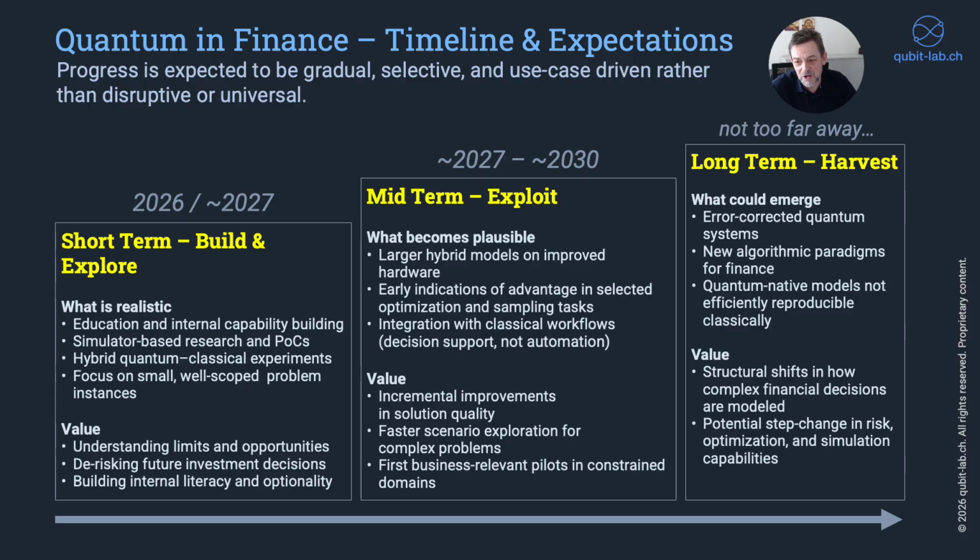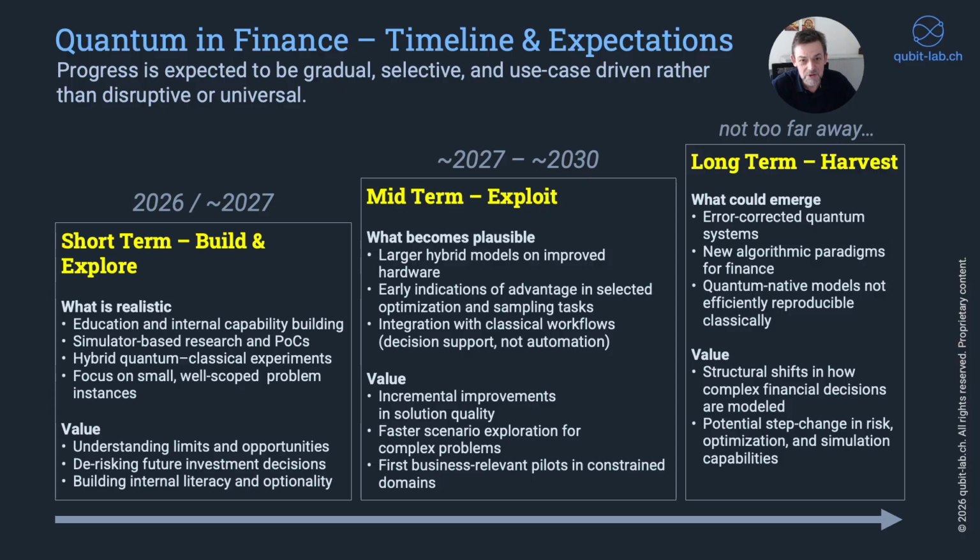So don't underestimate the learning time. You need to have some time. You need to understand how this model works and how to make use of it. And you also need to have a good overview of what's going on in research. Every second month there is a new improvement coming out for QAOA or for other algorithms which can be tested and applied to your own data and your own cases.